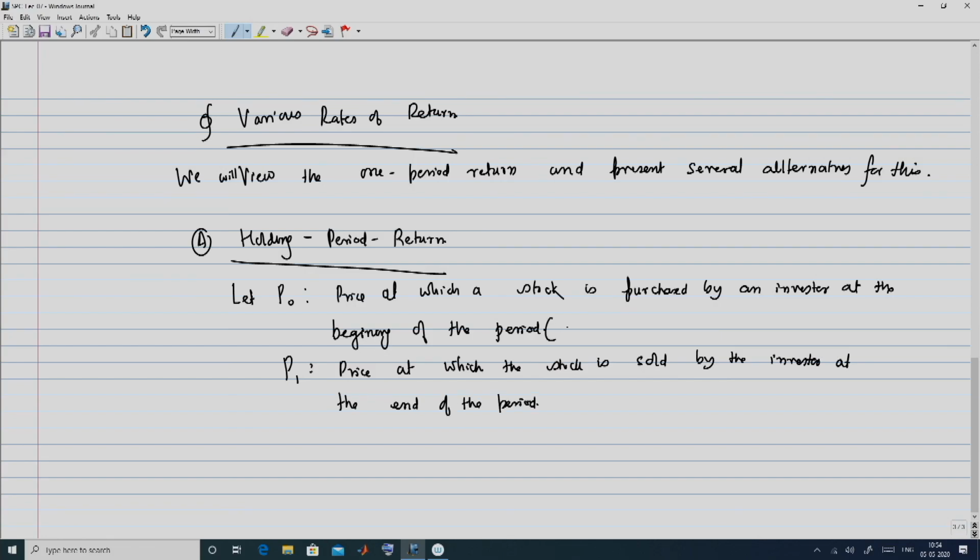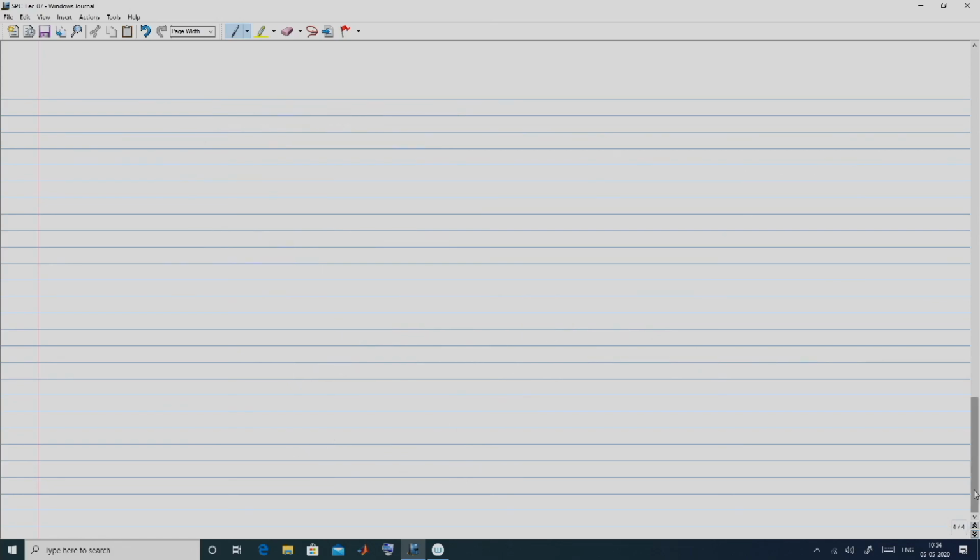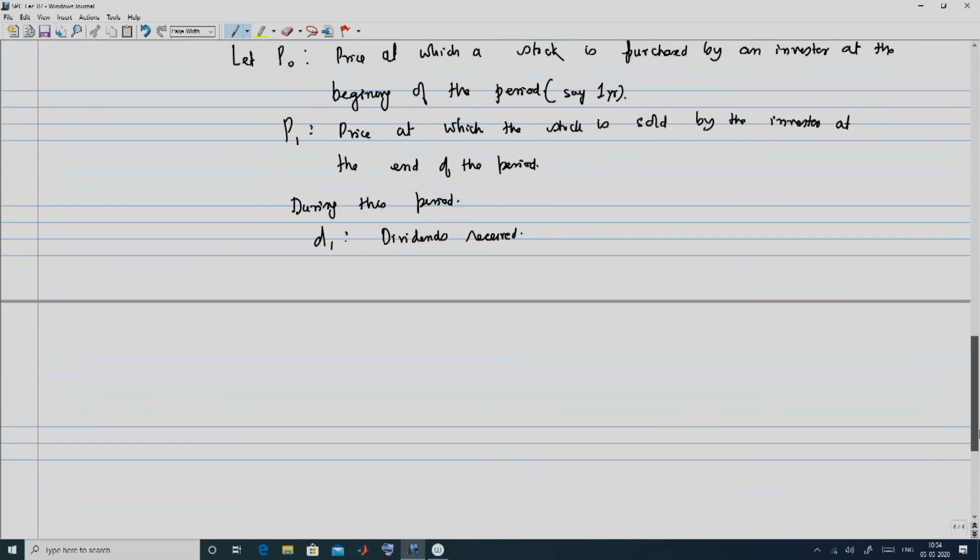And this period could be, for example, say 1 year. Now, during this period, what is D1 going to be? It is going to be dividends received. Okay, so basically these are the cash transactions that happen during the holding period.